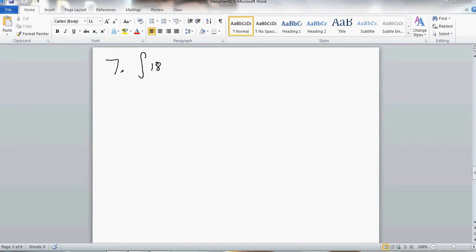I'm going to take the integral of 18 times 6x minus 5 raised to the negative 6 power. And we'll deal with y of 0 equals 1 a little bit later. But right now, I realize this is the most complex part, and the innermost part of that is 6x minus 5. So u is going to equal 6x minus 5.